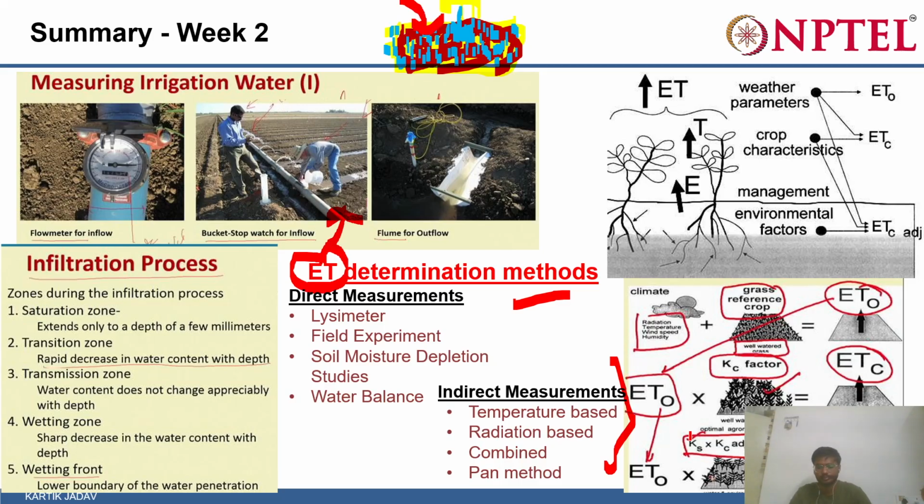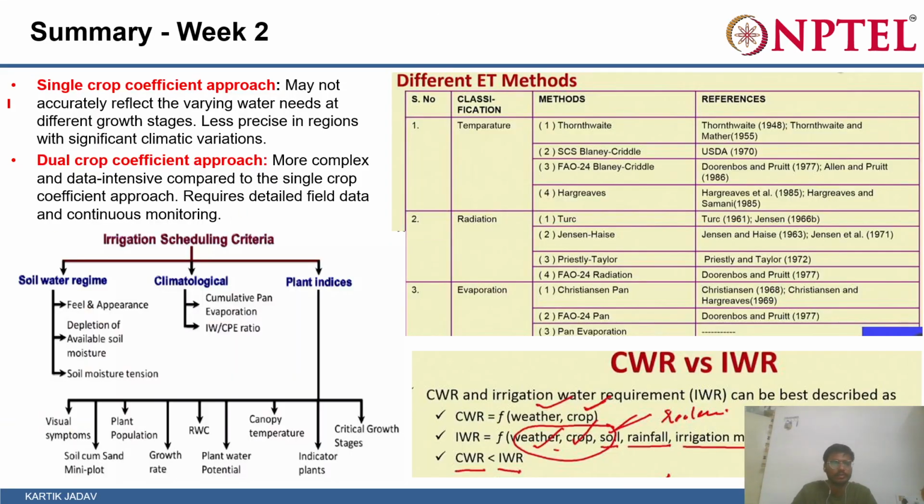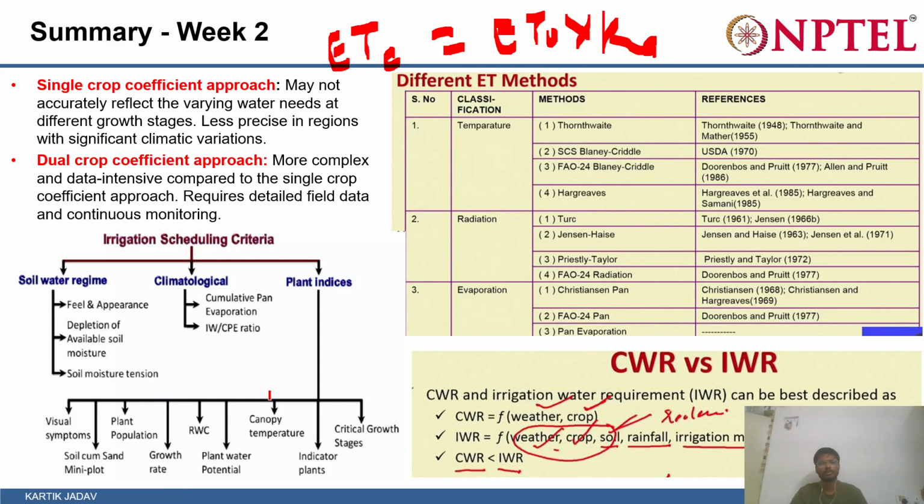Next to that, we have different approaches like the crop coefficient, because the crop coefficient is the approach we use if we want crop evapotranspiration. What you do is multiply reference evapotranspiration with the crop coefficient. There are two types: single crop coefficient and dual crop coefficient.